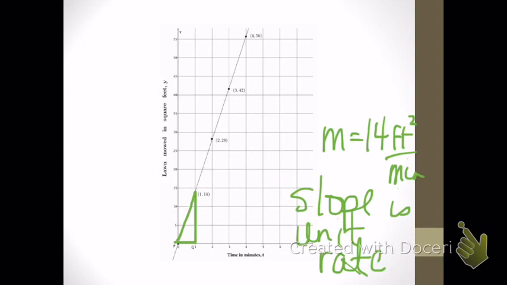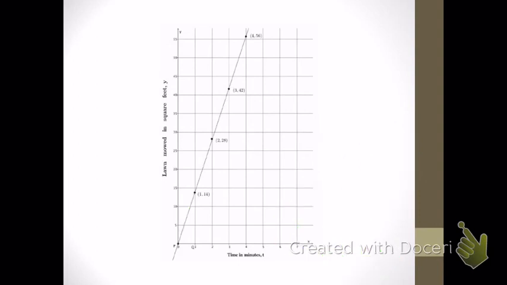So in 1 minute, she can do 14 feet. So slope is the unit rate. You'll look at some more examples of that in the problem set for lesson 15, which you are ready for now. You can do the exit ticket and the problem set.